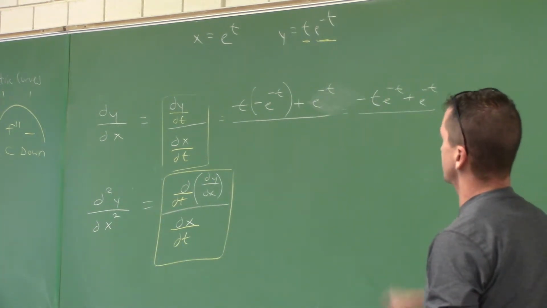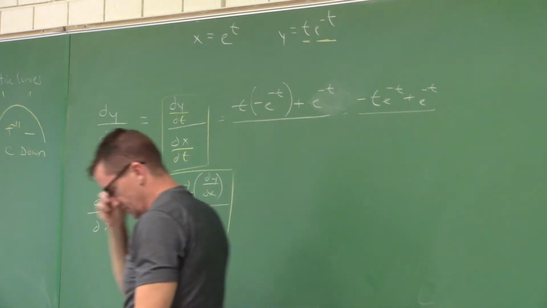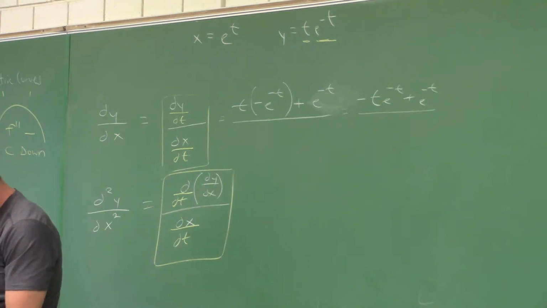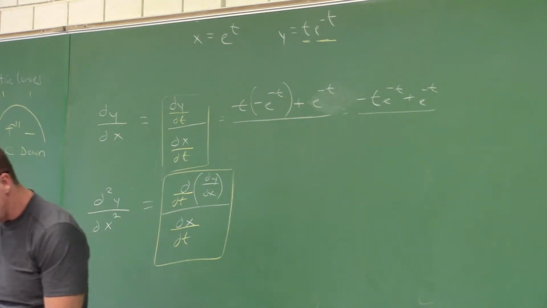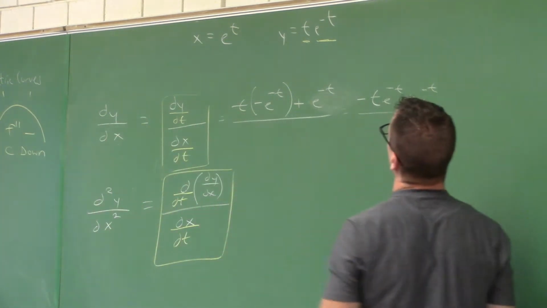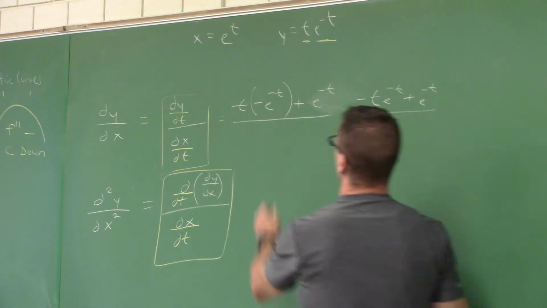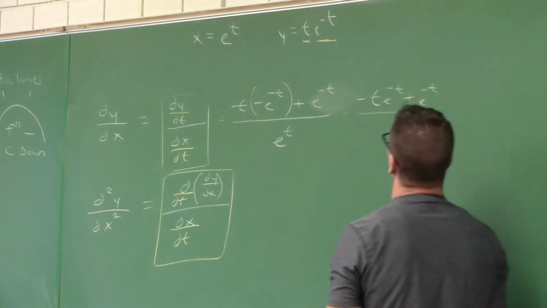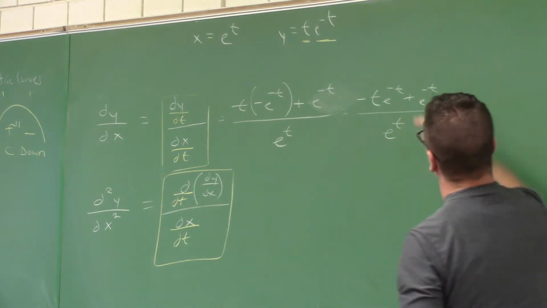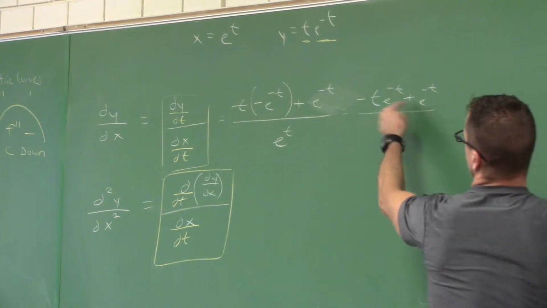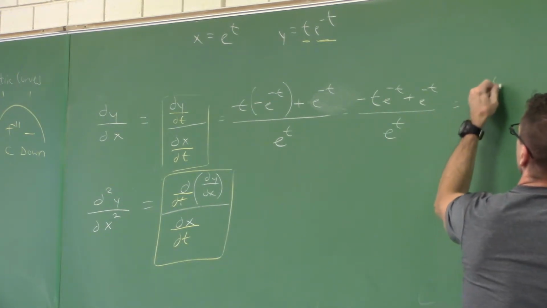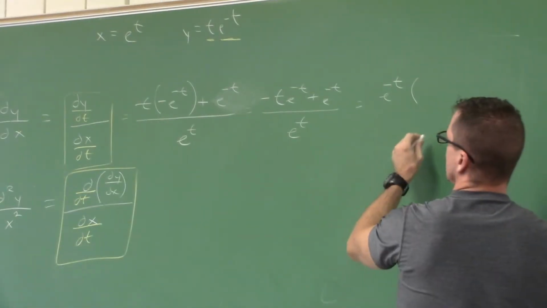If anybody wants to factor, what could you factor out of that? E to the negative t. Exactly. And when you factor out an e to the negative t, you'd have negative t plus 1.